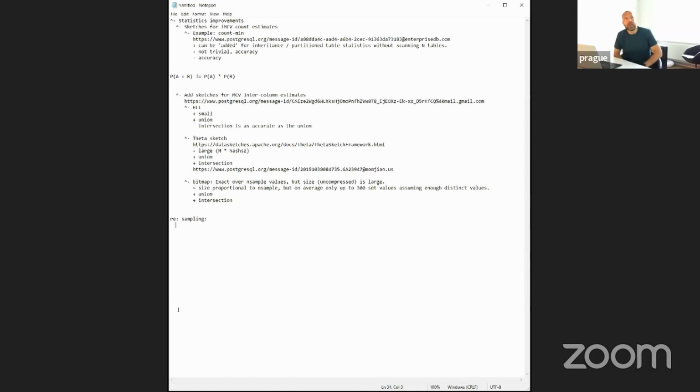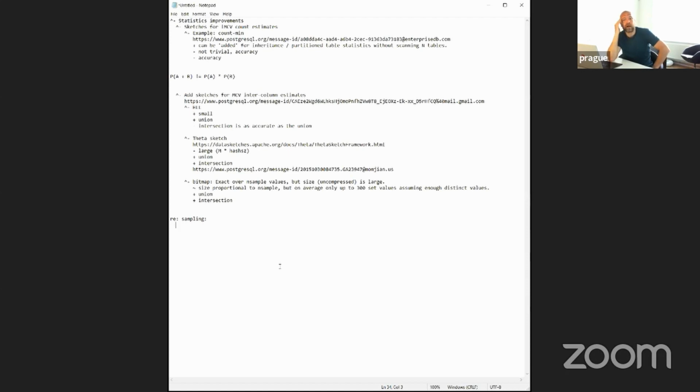Some parts of the optimizer actually do work with the parent, and some parts actually do work with the individual children, right? It depends on the exact location. I'm not sure if it matters for this statistics, but for example, for group by, that actually does matter, when estimating aggregation or grouping.